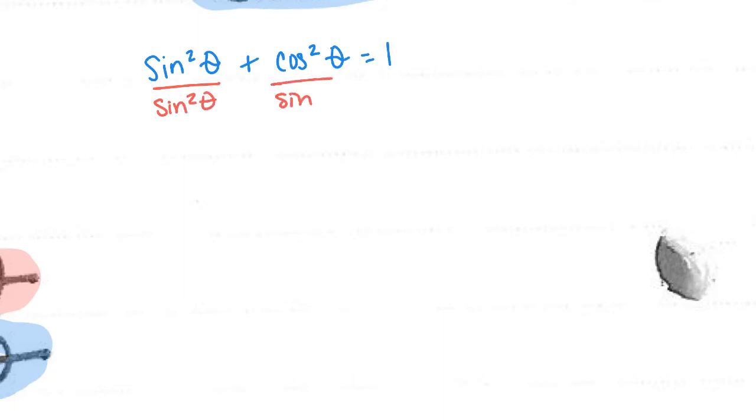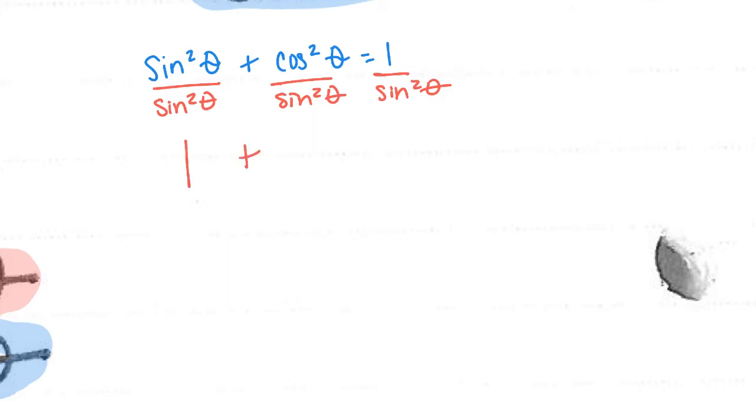If you know sine squared theta plus cosine squared theta is equal to 1, and let's say I divided everything through, let's start with sine. Isn't sine squared theta over sine squared theta equal to 1?